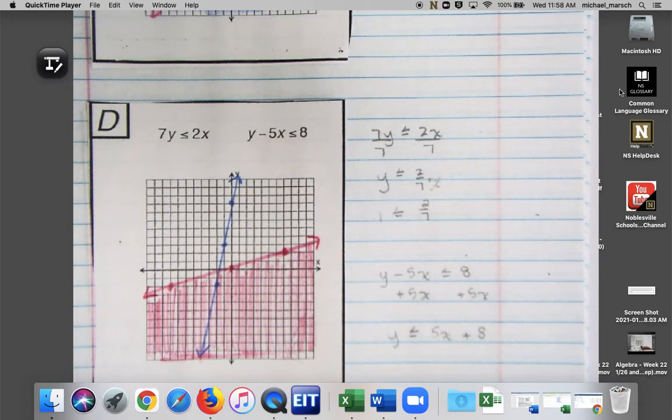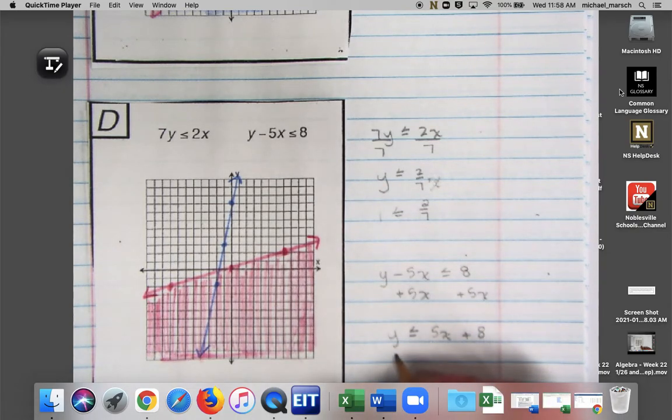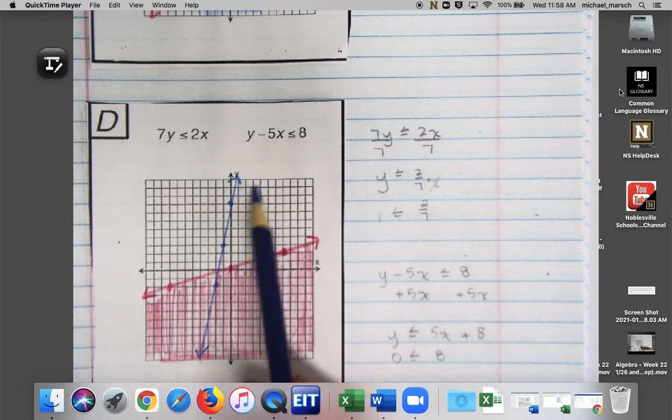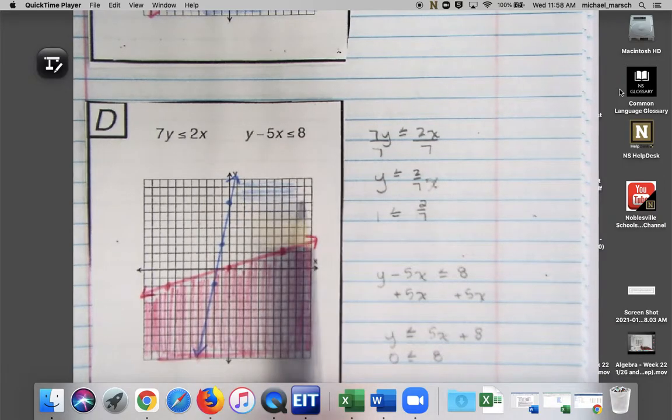And we'll use 0, 0 again. So if we use the ordered pair 0, 0, 0 is less than or equal to 8. Sure is. So we're going to shade this way.